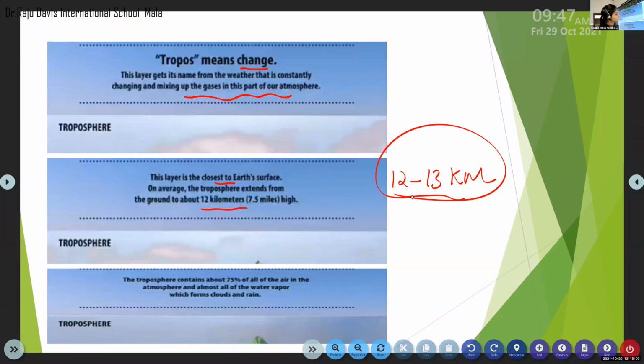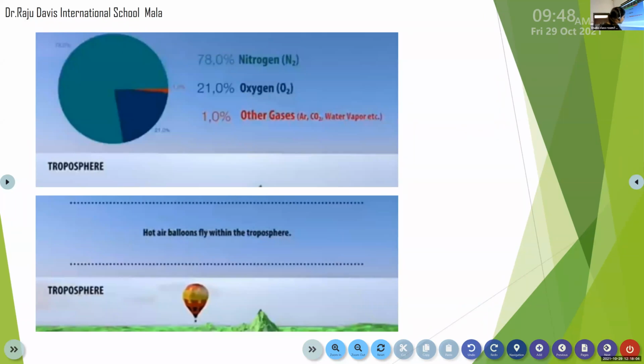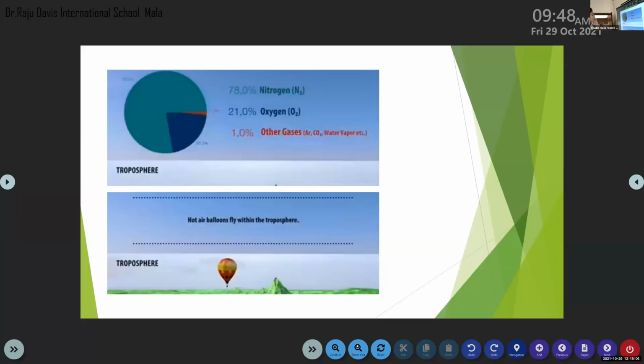Yes. And children, we have studied about the composition of air, right? Yes, ma'am, nitrogen, oxygen, and the other 1% remaining gases, all are present in this layer.